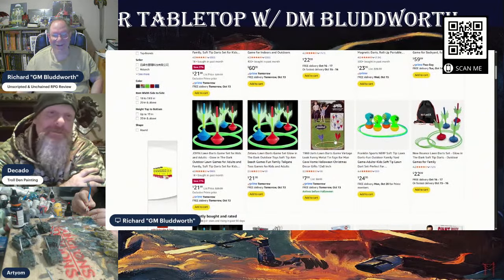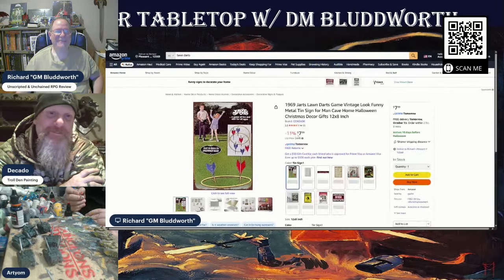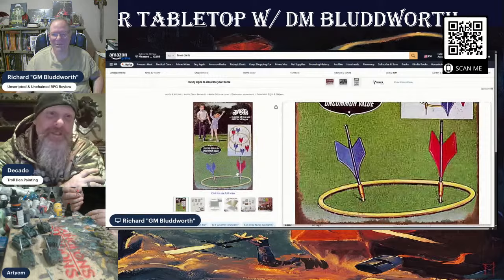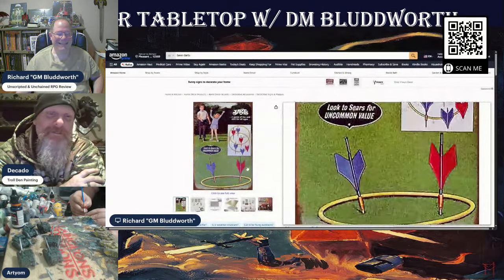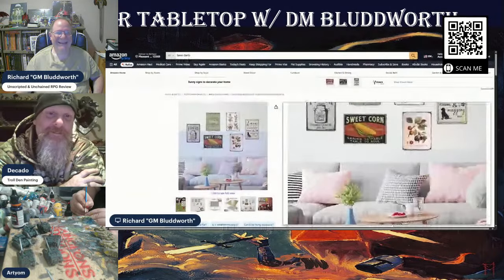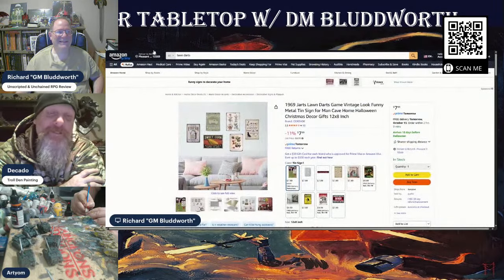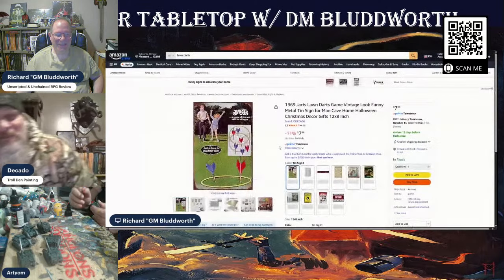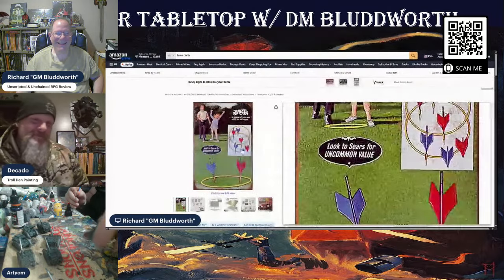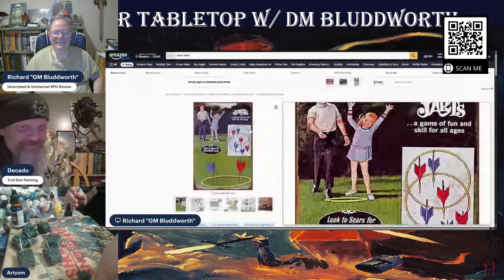Oh wait, here we go. These are the ones that were lawn darts. If you can't accidentally poke a hole through your mom's car hood, then you're not using the right lawn dart. Yeah, these are genuine lawn darts. Throw that joker up in the air and it lands on the mom's car.